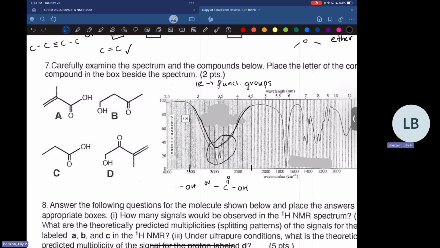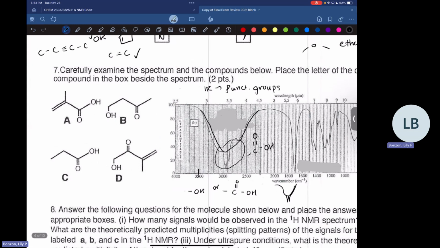So you kind of see this broad peak with like a little spike at the end of it. So this is very characteristic of a carboxylic acid. So I know in my structure we're going to have this functional group, so I can go look and see if I can eliminate any of my options. So you'll see A and C have this carboxylic acid group, so we can eliminate B and D.